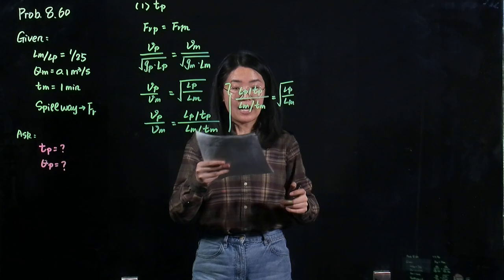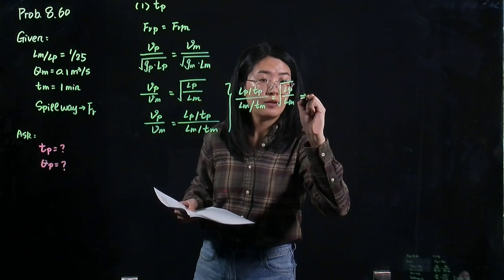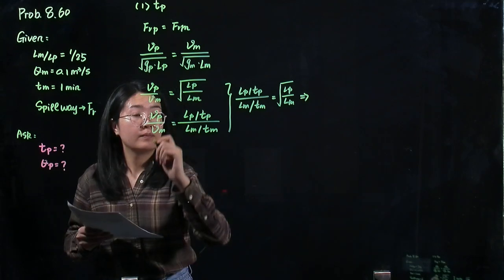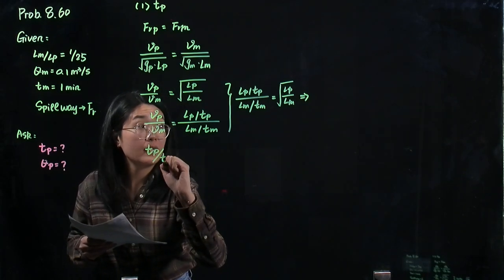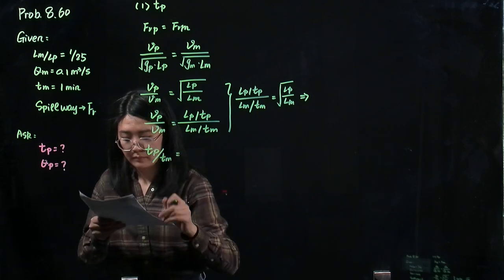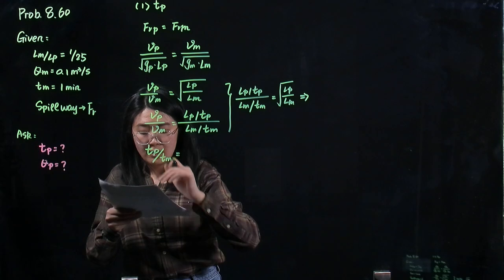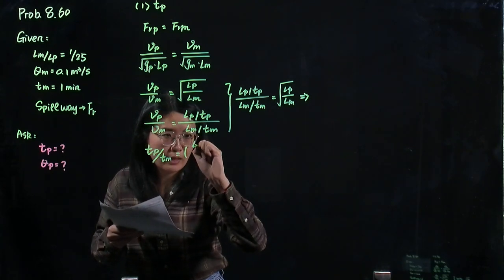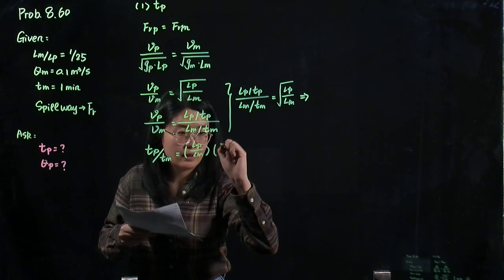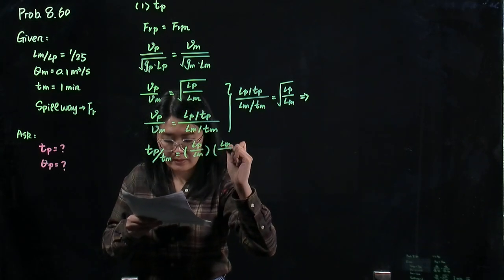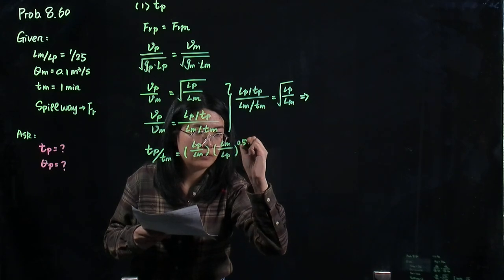And then based on that, we can identify the ratio of the time, which is Tp divided by Tm. We put the Lp divided by Lm on the right hand side, so it equals Lp divided by Lm times Lm divided by Lp to the power of 0.5.